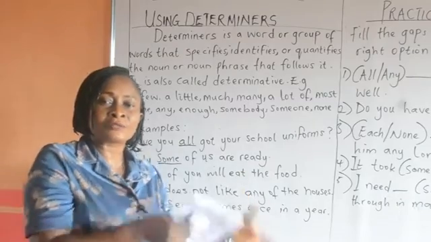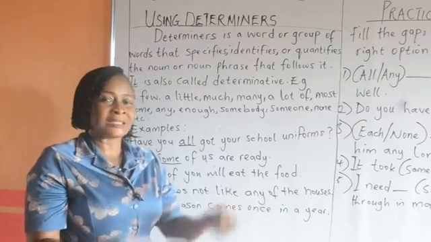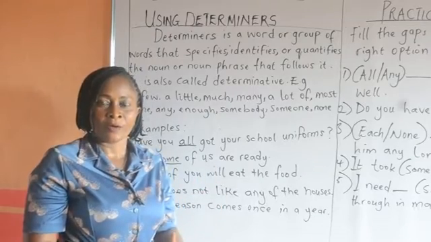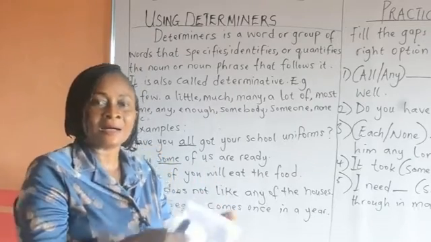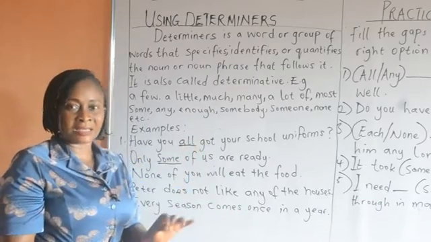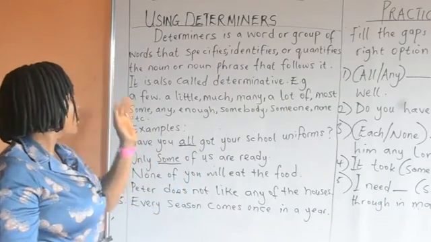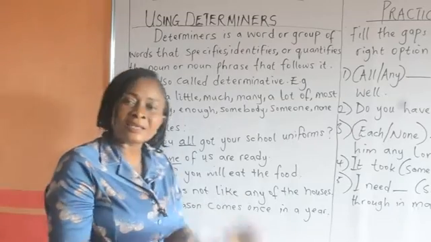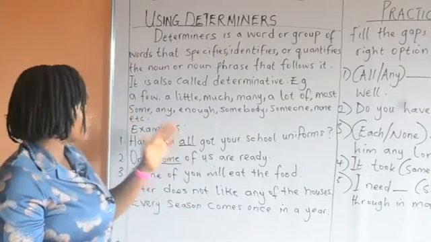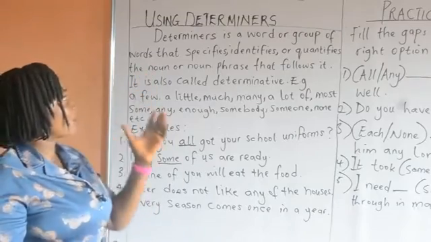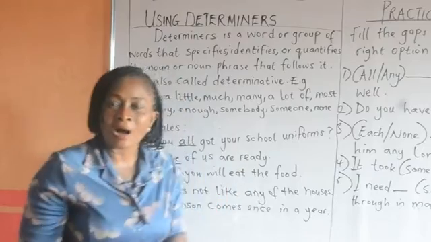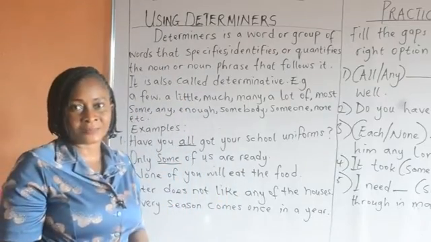When you talk of quantifying, it means it tells you the quantity, the number of a particular thing in a sentence. It is used either with a noun or a noun phrase that follows it. When you see a determiner, it is usually followed by a noun or a noun phrase.